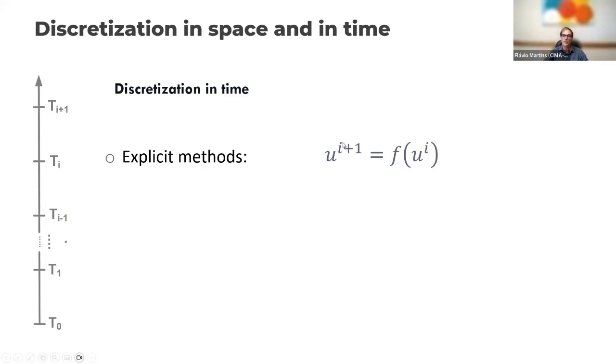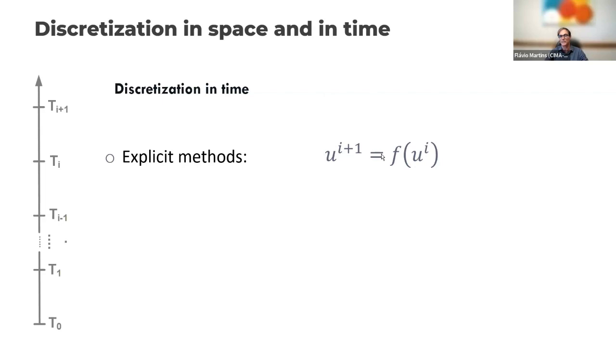If I'm computing in every point the new value based on the old values of the neighbors, I say I'm using an explicit method. And it's very easy to implement an explicit method, because when I'm doing this computation, I already know this. Okay, but this is not correct.